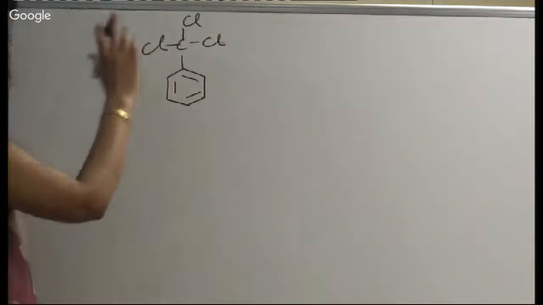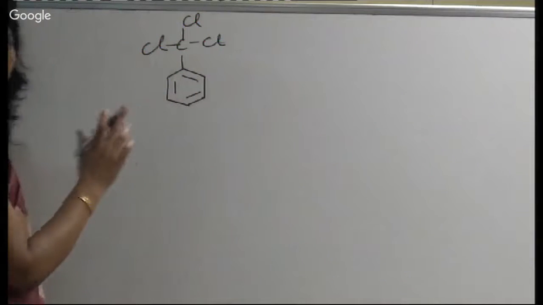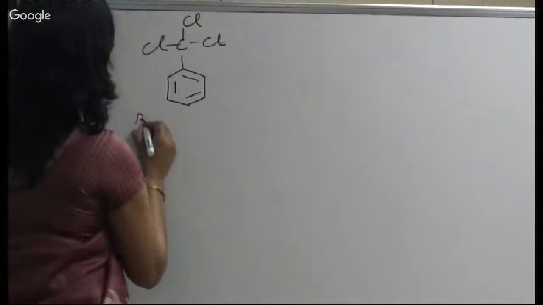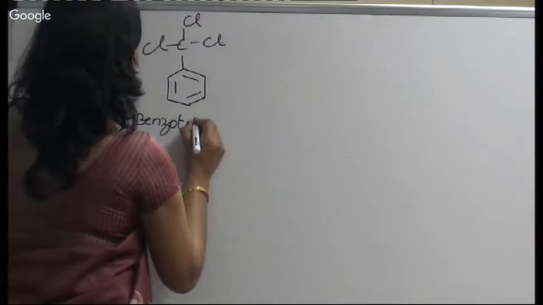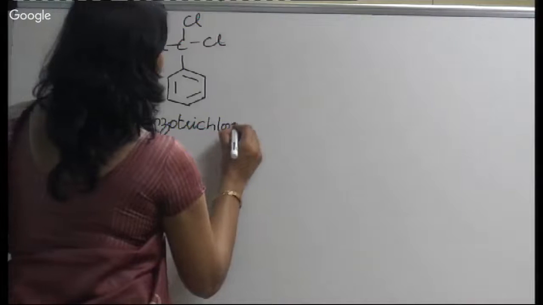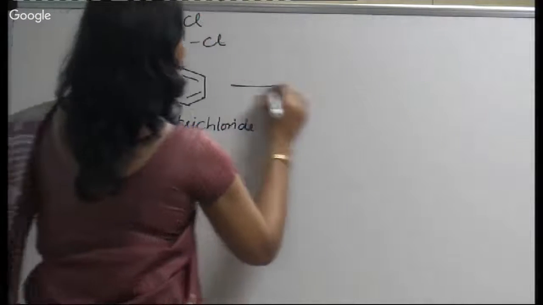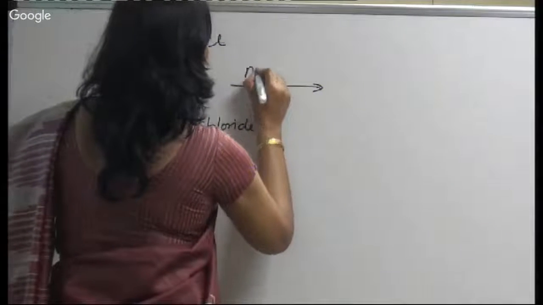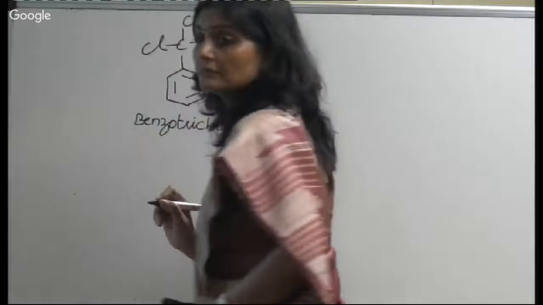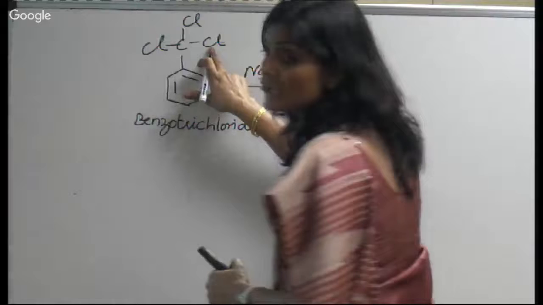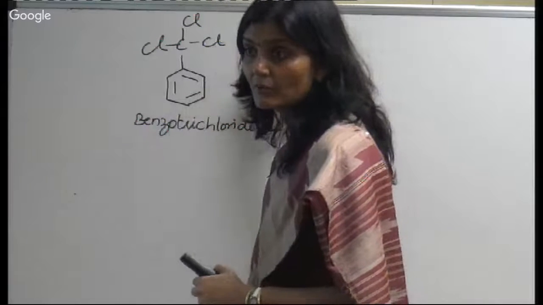This compound is called benzotrichloride. Okay. When you hydrolyze it, what will happen? Each of these Cl will be replaced by OH.